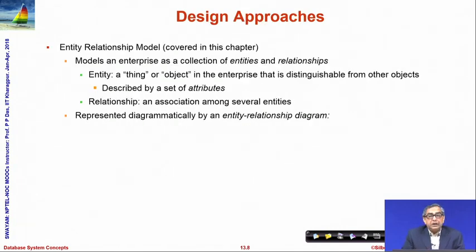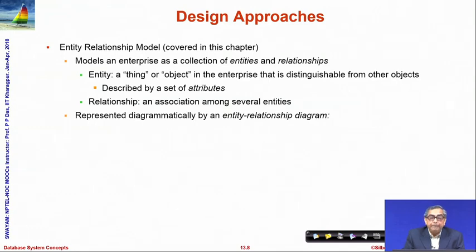Now, for the conceptual design, we primarily follow a model called the entity relationship model, that tries to identify the collection of entities and relationships. An entity is nothing but an object, a thing that is distinguishable from other objects.